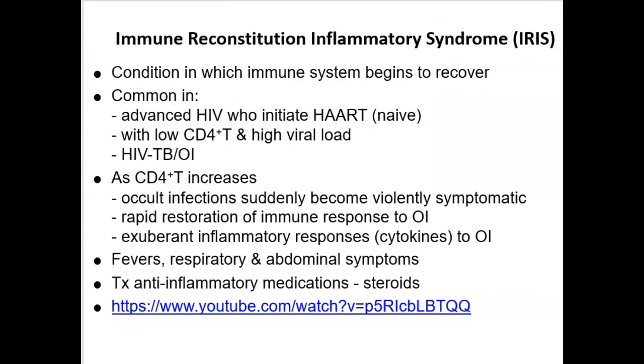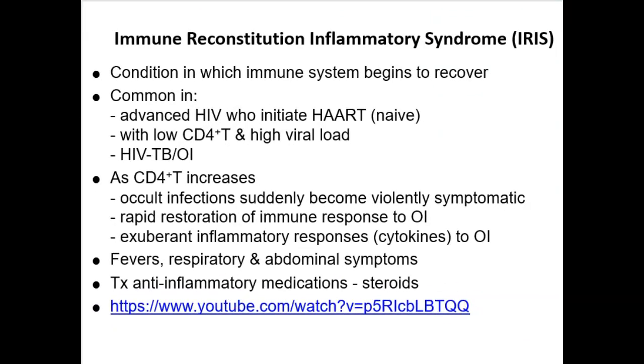All right, so let's talk about IRIS, immune reconstitution inflammatory syndrome. It wasn't something that was talked about in the book very much, but I wanted to put it in here because I think it's an important concept. So if a person has a delay in starting ART, or at the time of diagnosis they already have a terrible immune system, they may have opportunistic infections, but because their body is not fighting, they don't seem sick. Right?